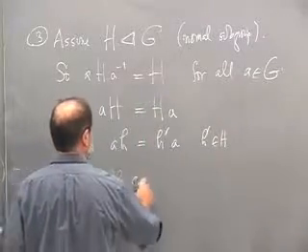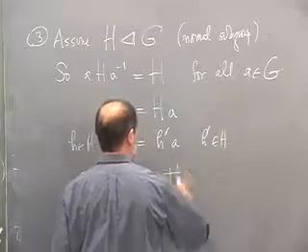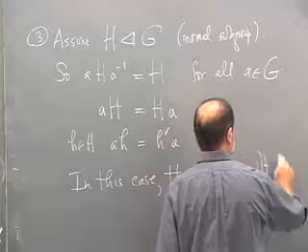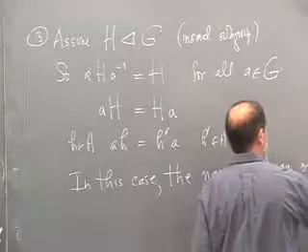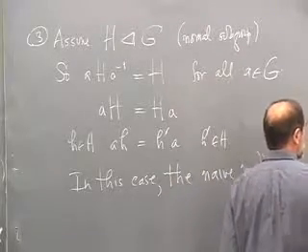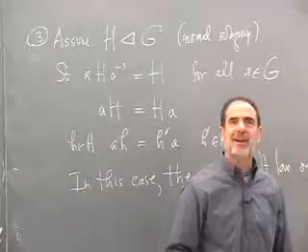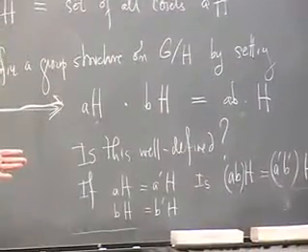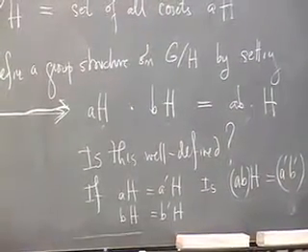Now, in this case, the naive multiplication law on cosets, and by the naive multiplication law on cosets, I'm going to violate a cinematic principle here. I mean this thing, which is in a different quadrant.